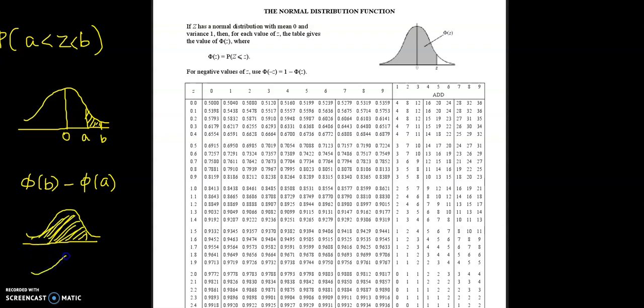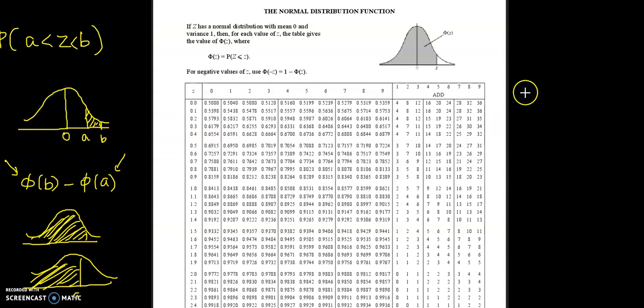And when I find till A, I get the region till A. Now, when you subtract these two diagrams, what you will get is this particular part, this strip, A to B. So we find phi of B and then subtract phi of A from that. You get the probability Z between the 2 points A and B, where both A and B are positive.